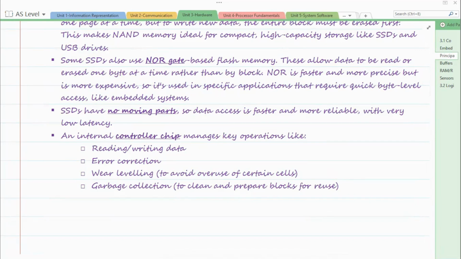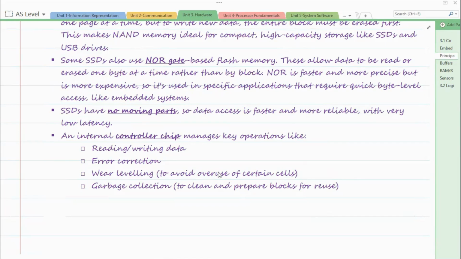The controller handles all the behind the scenes tasks like reading and writing data, fixing errors, spreading out writes, cleaning up, and preparing the blocks for reuse, which we also call garbage collection, right?